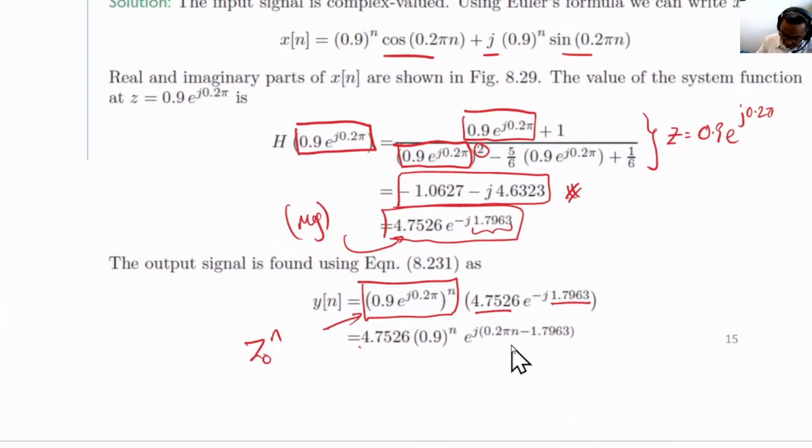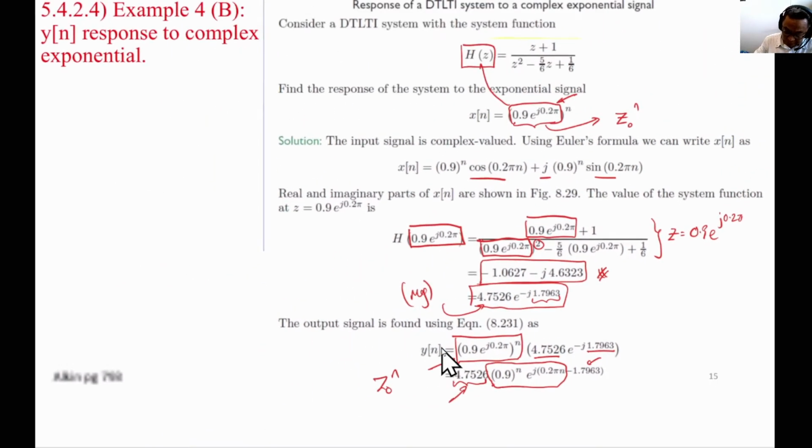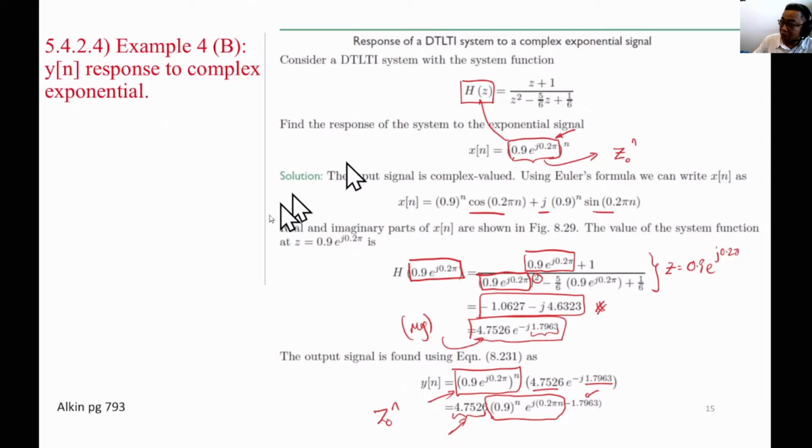This is the final answer. The gain at this frequency is 4.7 multiplied by the original signal here, and a phase shift is introduced to the output. So this is the example of how we find the discrete-time system affecting a complex exponential. Thank you.